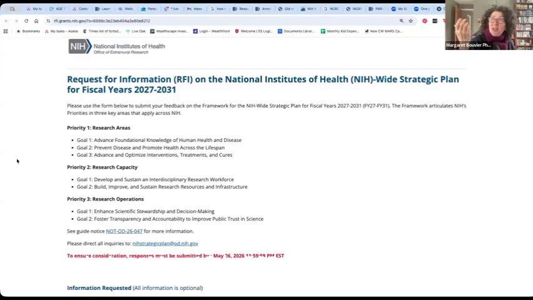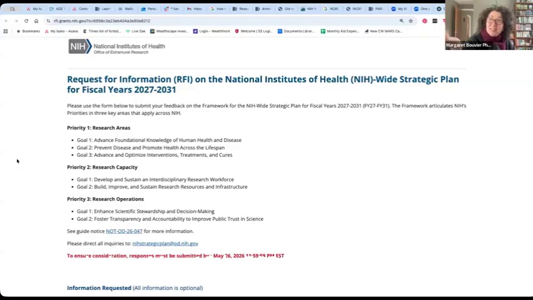So for this particular one, it is an NIH wide strategic plan for fiscal years 2027 to 2031. Could there be a more important time to participate in this? I don't think so. I would like to encourage every single one of you to participate in this and get your colleagues to participate in this and get everyone you know to participate in this. That's my take on this.